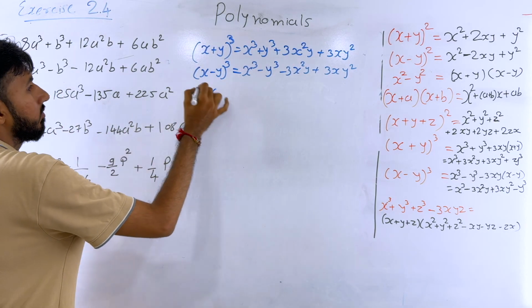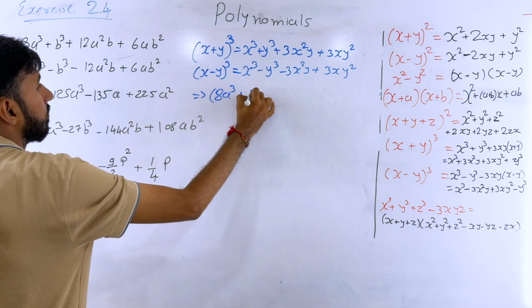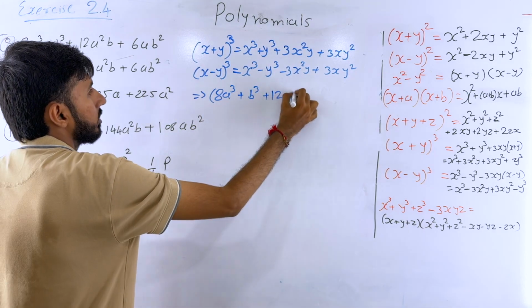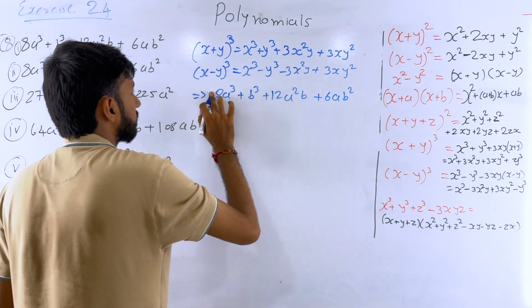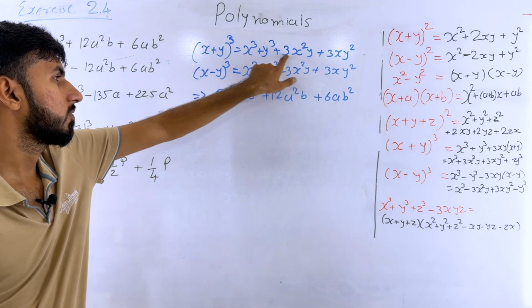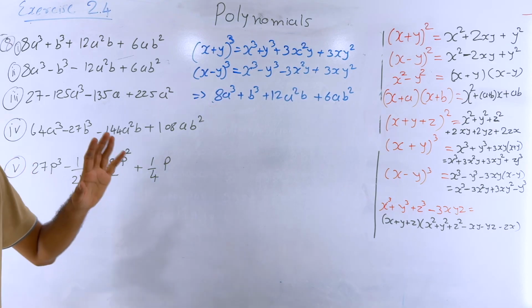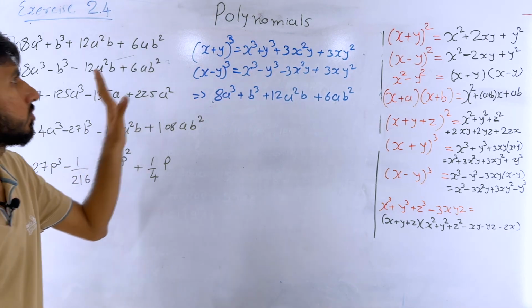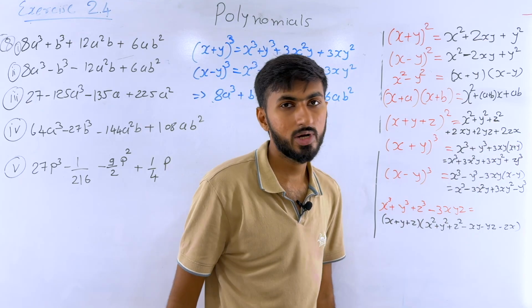So let me write the question first: 8a cube plus b cube plus 12a square b plus 6ab square, right? Now my identity is x cube plus y cube plus 3x square y plus 3xy square. After watching the question, you get that (x plus y) cube will be x cube plus y cube plus 3xy in bracket (x plus y).